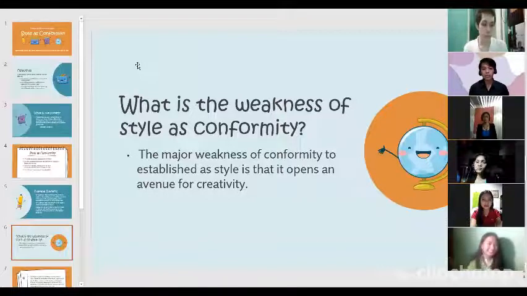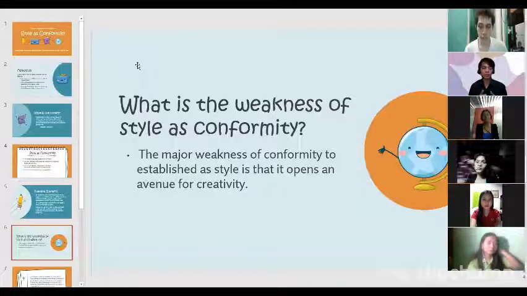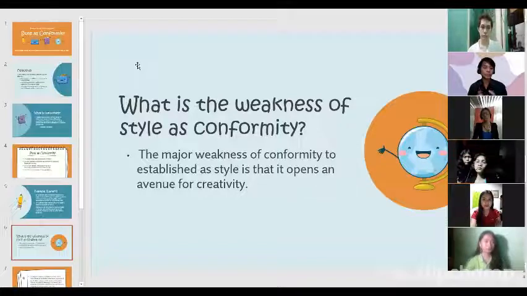Thank you for that, Miss Comillor. Now, what is the weakness of style as conformity? The major weakness of style as conformity is that it closes off an avenue for creativity. As we can recall from what my co-member explained regarding the definition of style as conformity, the author or the writer has the option to choose from the available options that they have, similar to style as a choice that will be explained by other presenters.